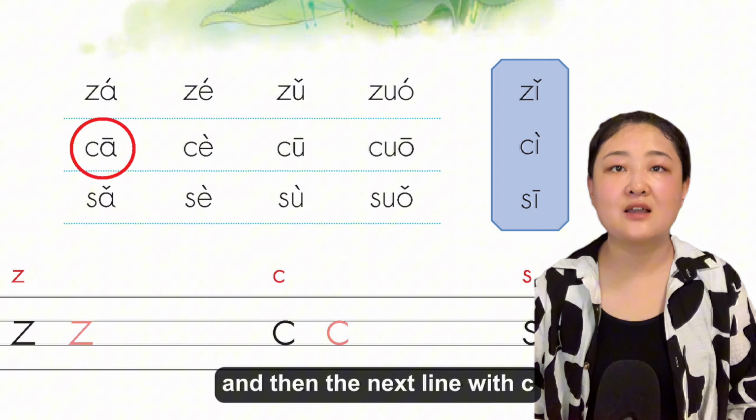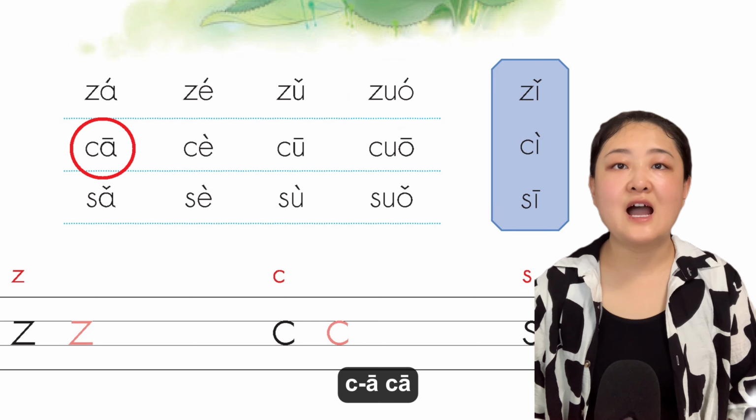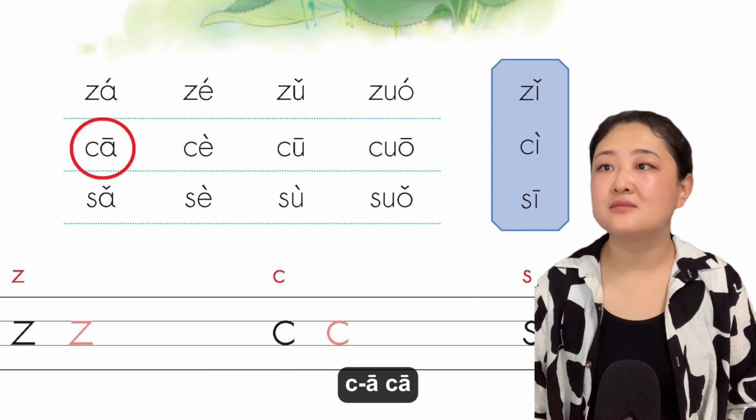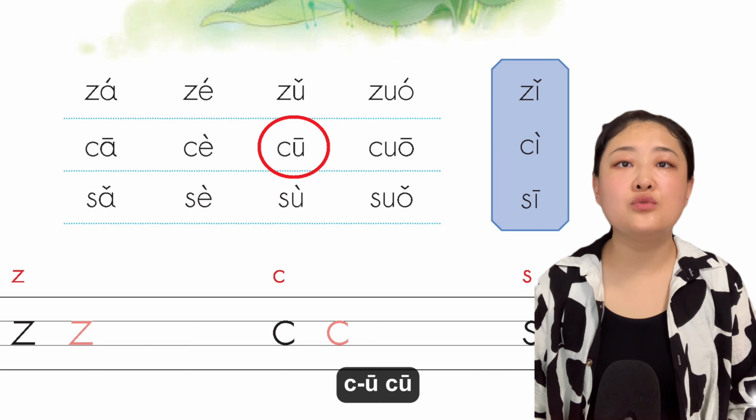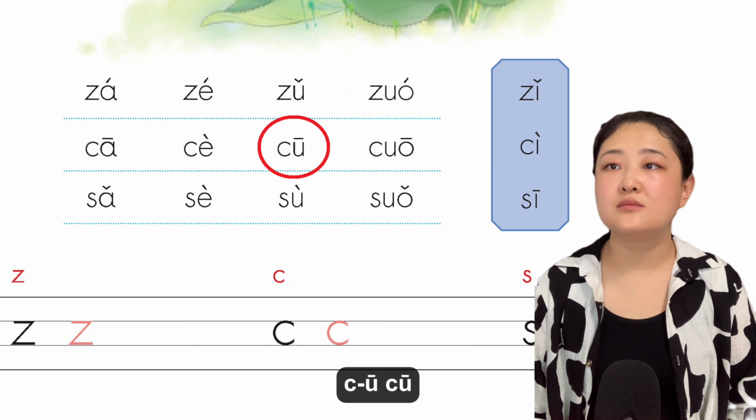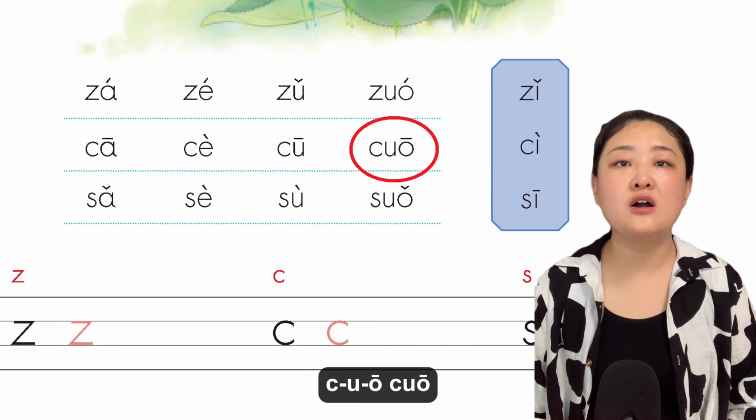And then the next line with c. C I 词, C E 测, C U 粗, C U O 搓.